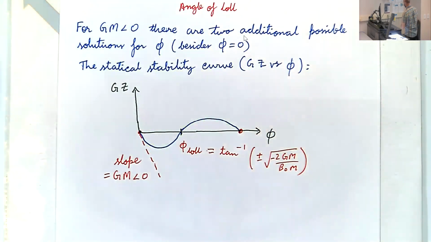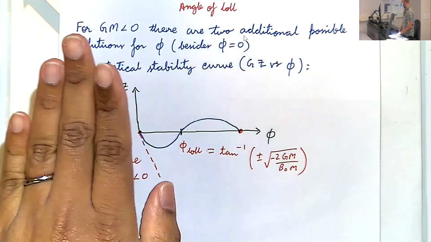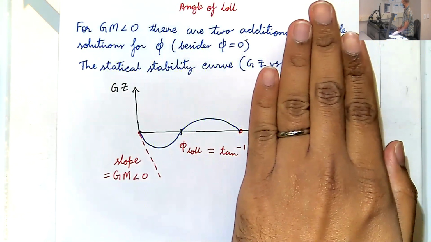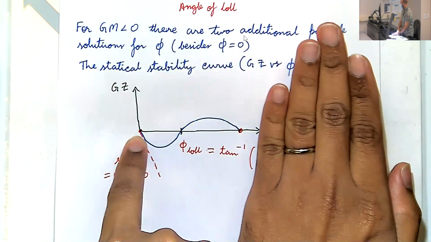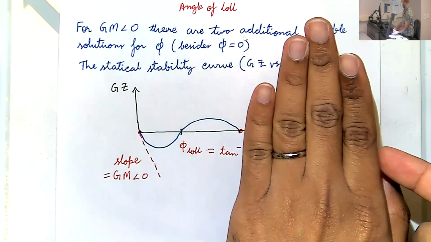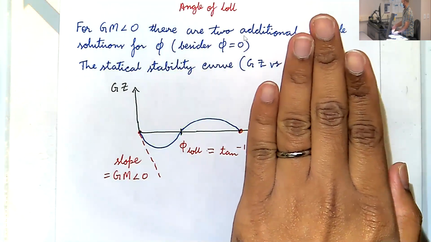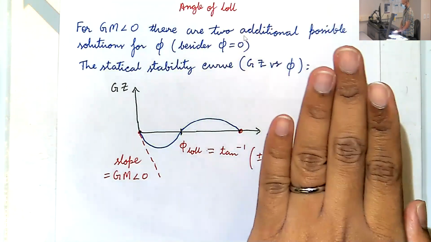All right, so let's think about what this curve is telling us, what's different from the other previous curve. Hull is upright, so we start at the origin. And let's say a little baby comes and kicks the hull on the side. What will it do?